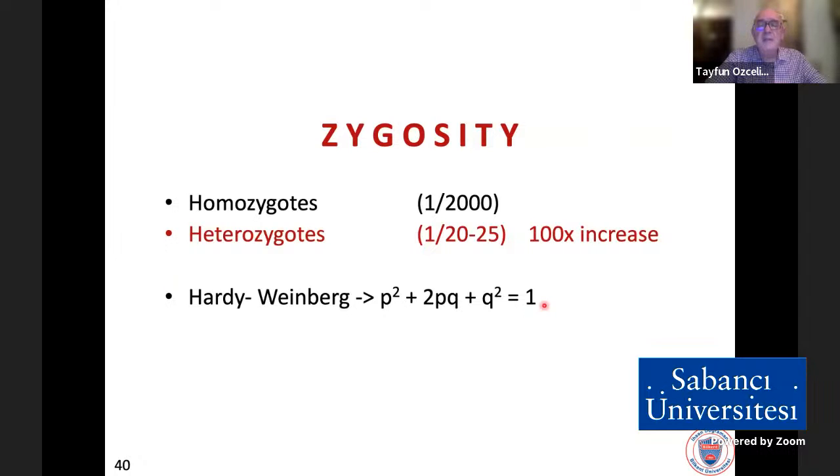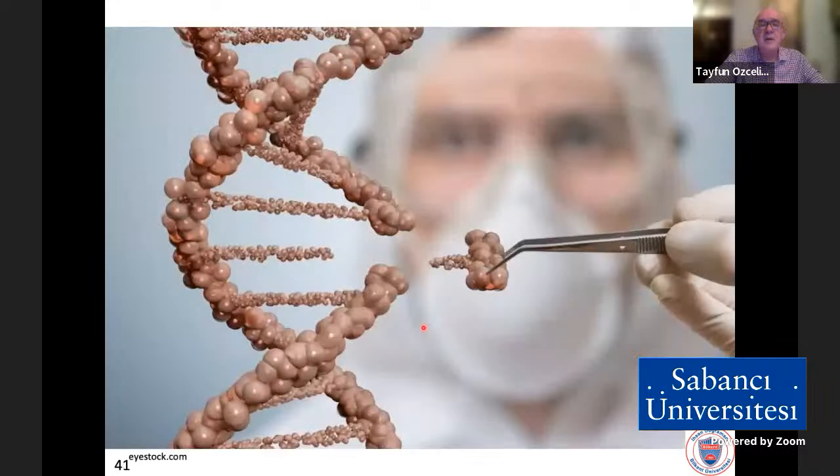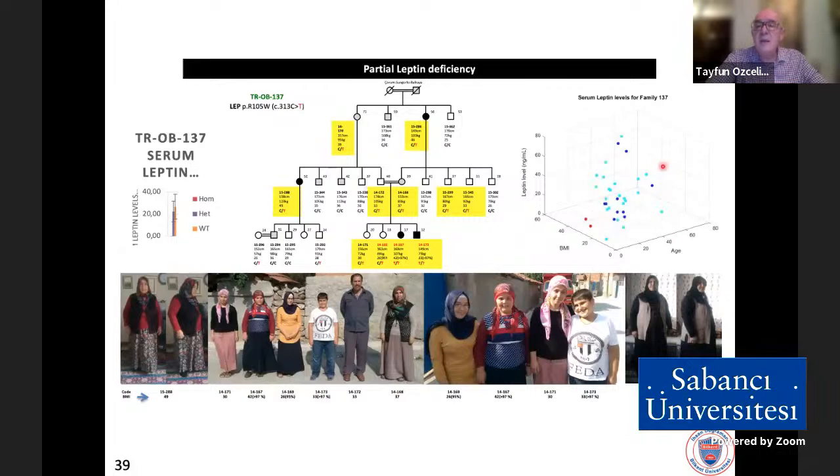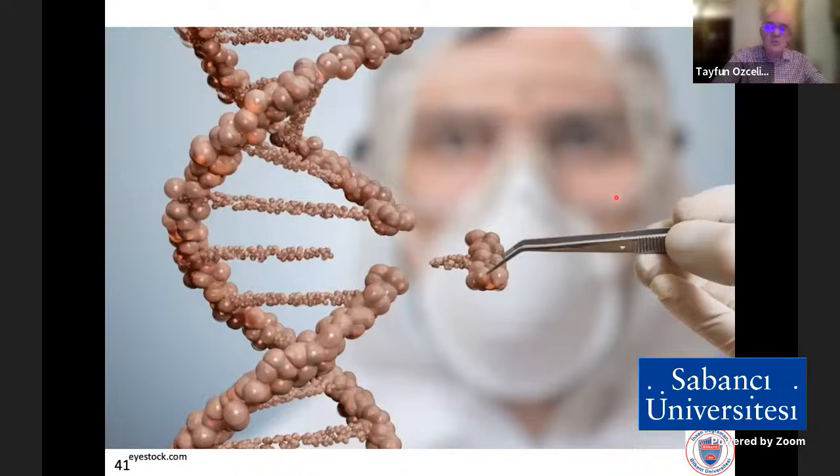This means that leptin, for example, is such a rare disease, as we know, with a handful of families, but the heterozygotes are not so few in their numbers. When you look at serum leptin levels, you can also see results comparable with the genotype data. So now I am coming to the final portion of my talk.